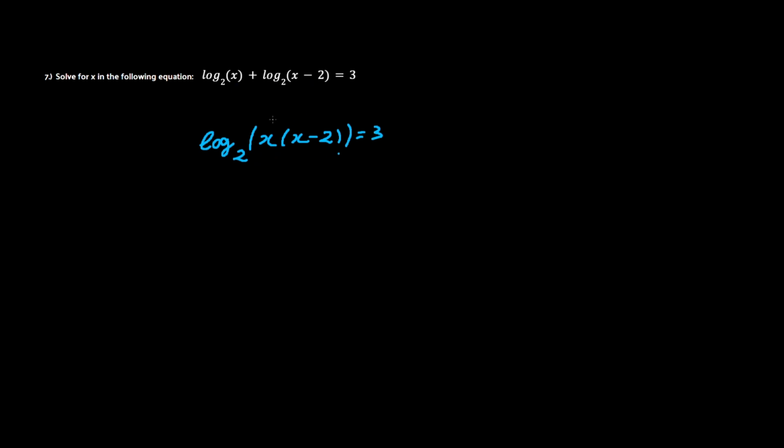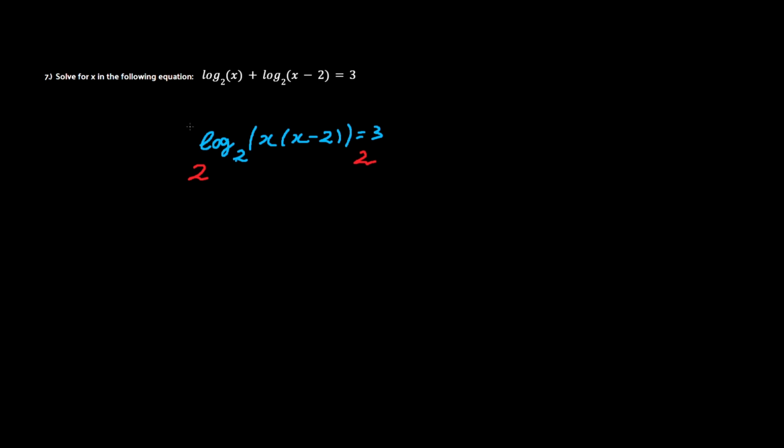Now, there's a trick we can apply. We can put both sides to be the powers of 2. So what I mean is, let's say that we have a 2 here and a 2 here. So this is 2 to the power of log base 2 of x multiplied by x minus 2. And on this side it's 2 to the power of 3.